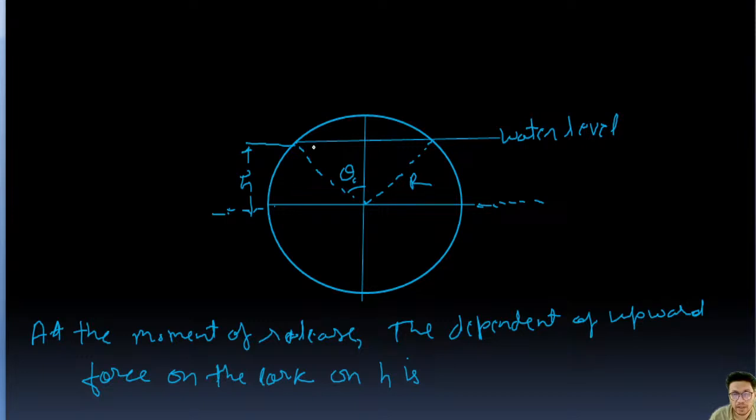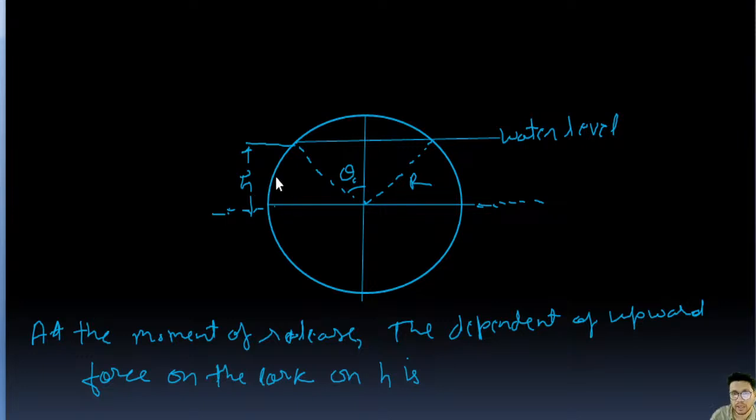Okay, so we have pushed this into the water, till this height. This is the line of center of mass of the cork, and this is the water level, and this height is h.